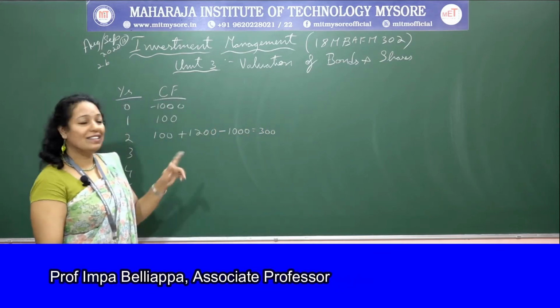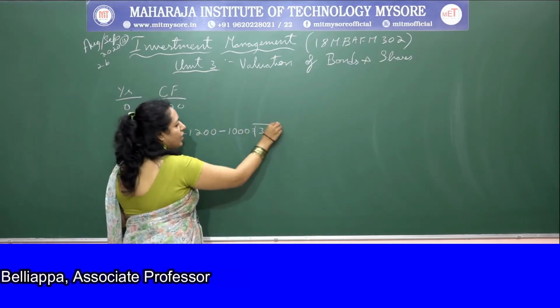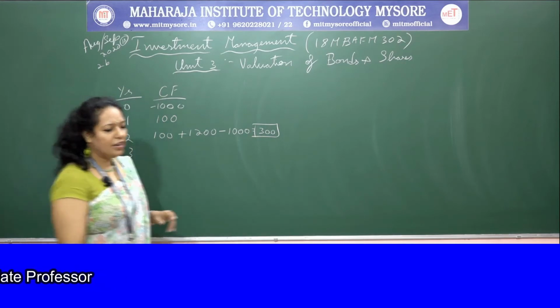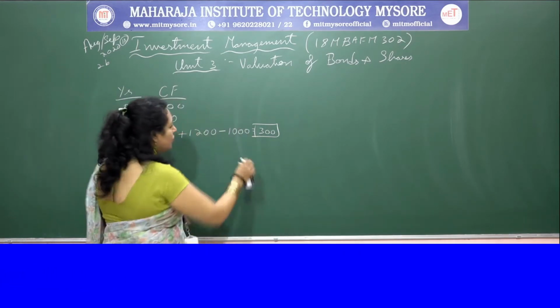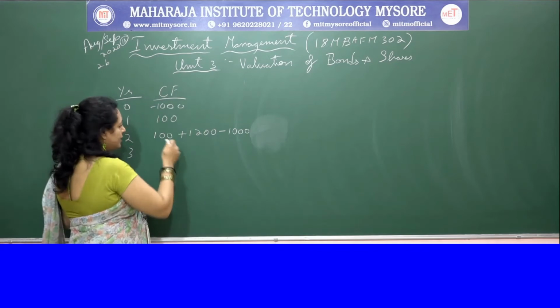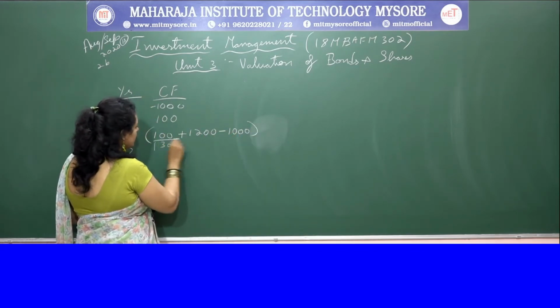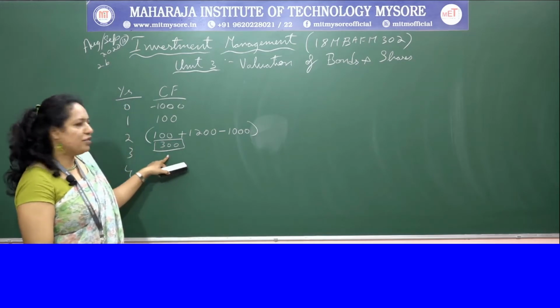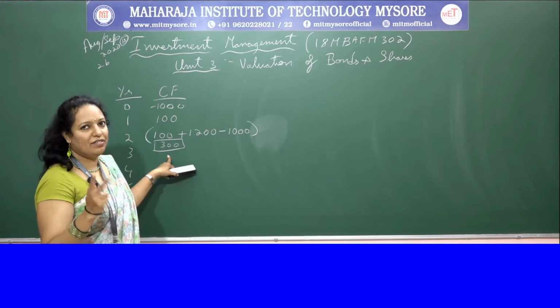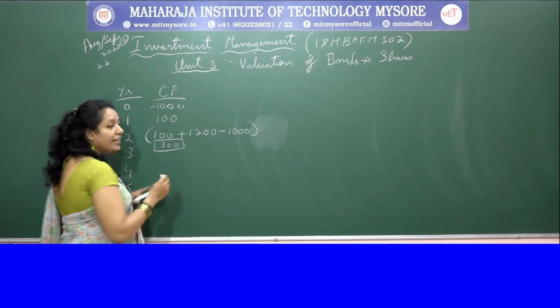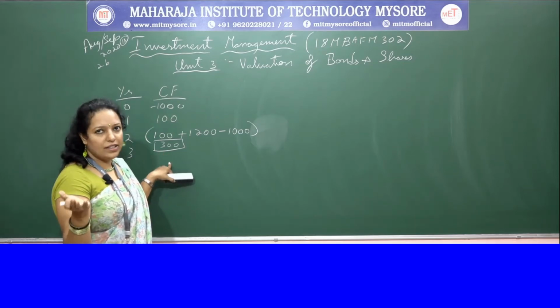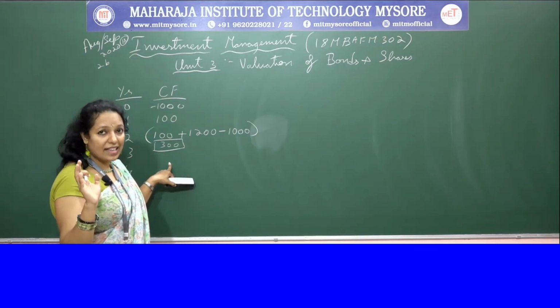So your cash flow is 300. If you want space for the next column, I'll put this in brackets and write it here. So this is the cash flow for the second year, which is 300. Then from the third year onwards, the coupon rate is 7%.